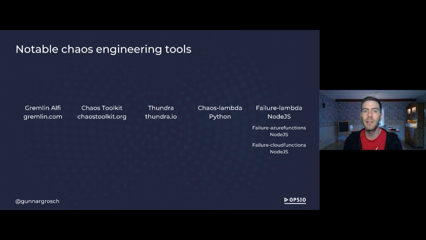The observability tool Thundra has built-in support for failure injection into the serverless application that you are monitoring. Adrian Hornsby of AWS built a Python library called Chaos Lambda that allows you to inject failure into your Python Lambda functions. And then we have the Node.js libraries that I've built for Lambda, Azure Functions, and Cloud Functions.